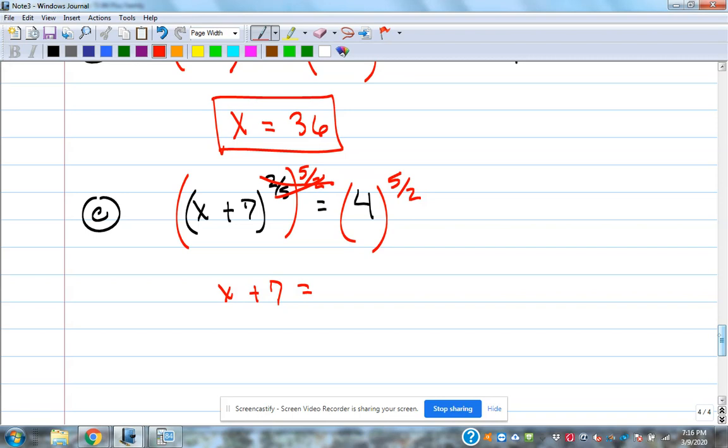But here's where we got to be careful. What was the issue that came up on the denominators of the fractions? When did that issue come up? When the denominator was even. Is the denominator of the fraction that I put in there even? Yes. That's where we got to be careful.